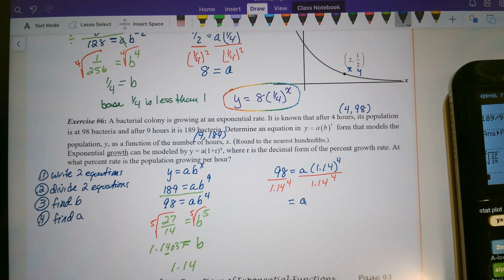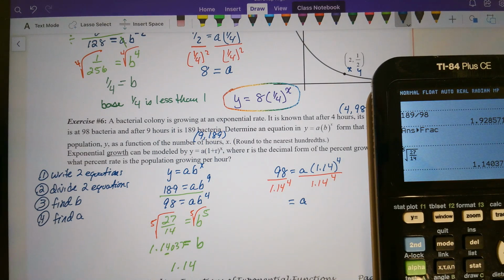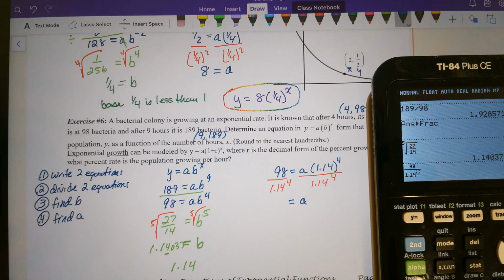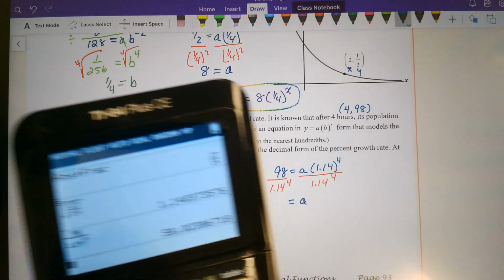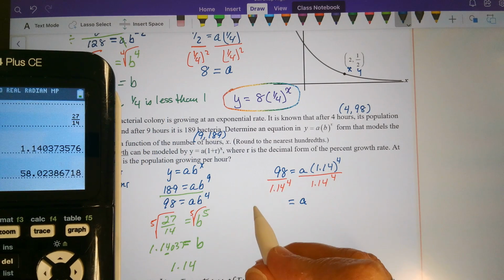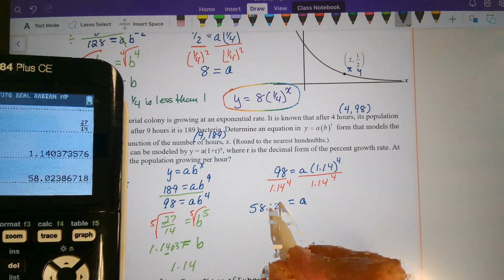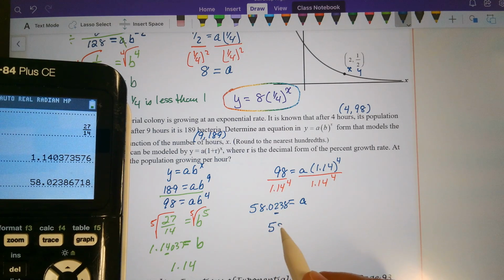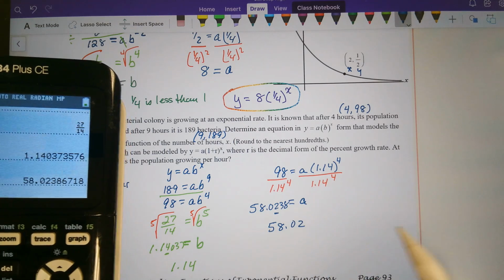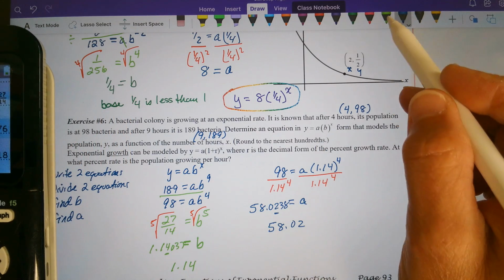And A equals 58.023 something, to the nearest hundredth, that's 58.02.